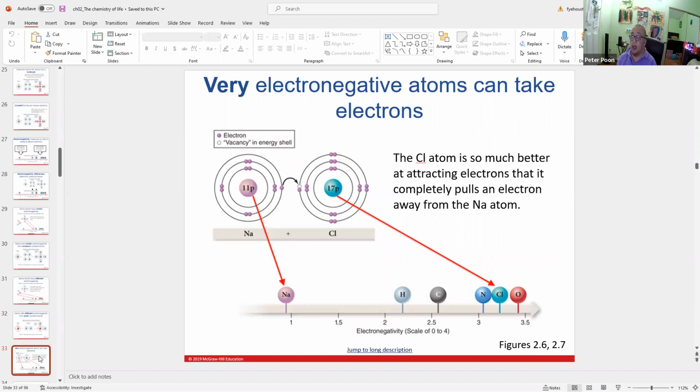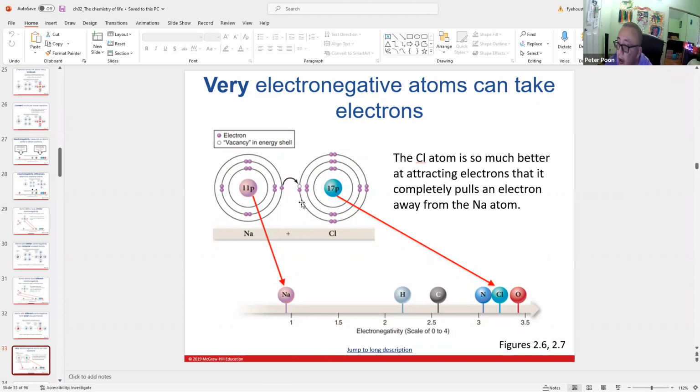When there is a very big difference, greater than 2, technically 1.9 but 2 is fine, one atom can take the electron from the other one. Here, chlorine has an electronegativity of 3.3 and sodium has 0.9.